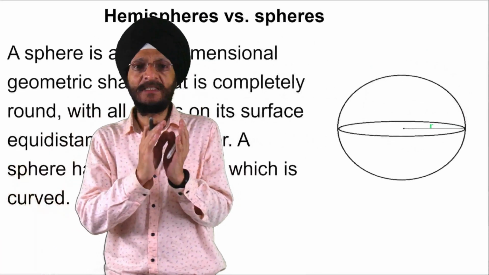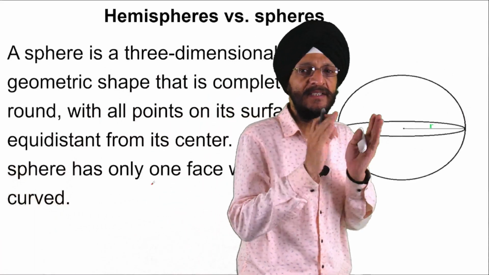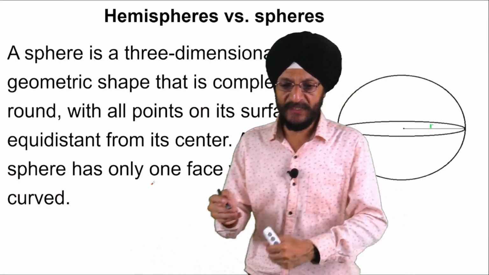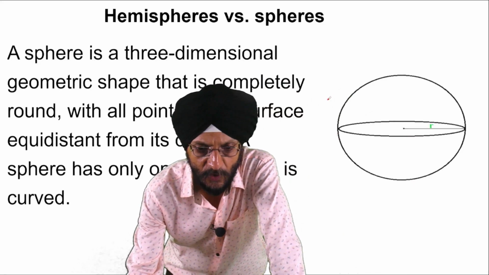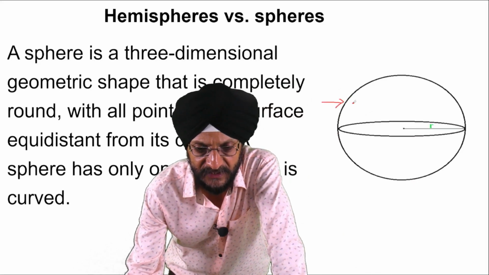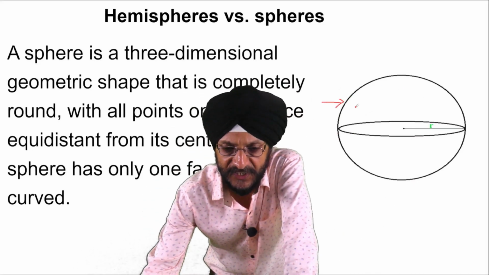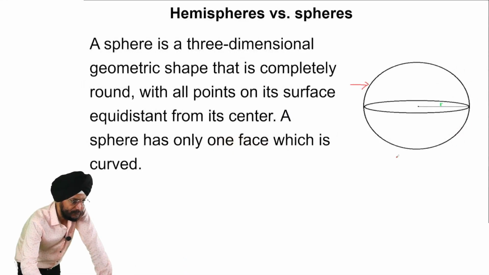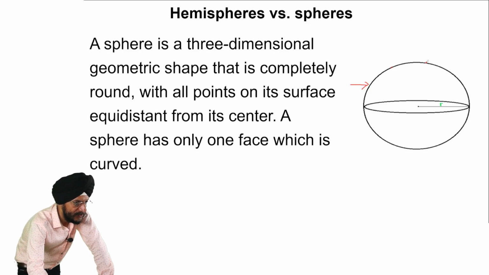Now, what is the difference between hemisphere and sphere? A sphere is a three-dimensional geometric shape. You can see here that this is a sphere which is completely round, and all the points on it are at equal distance from the center.